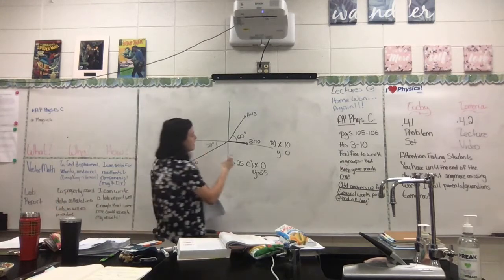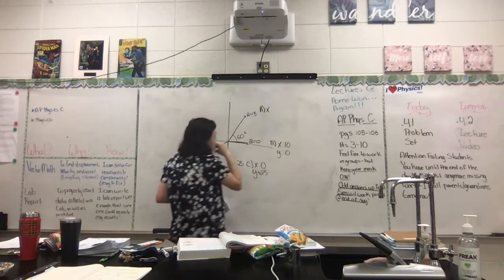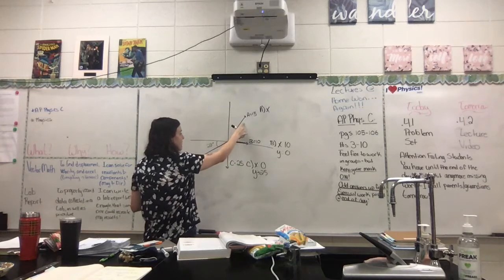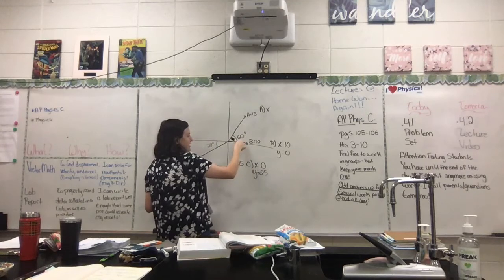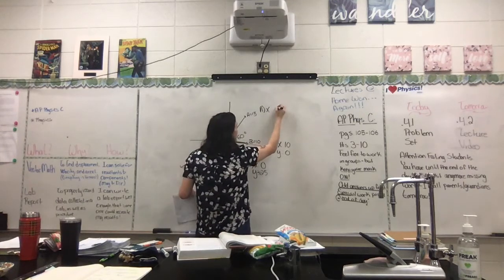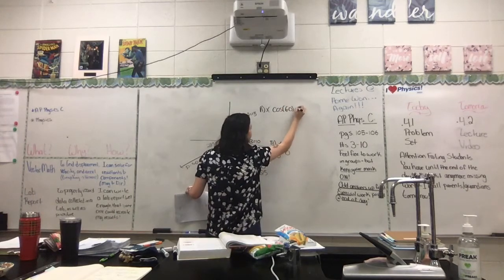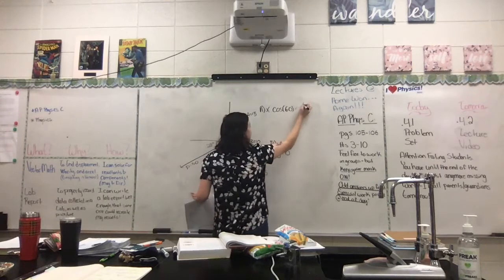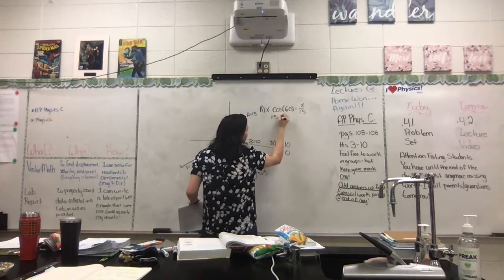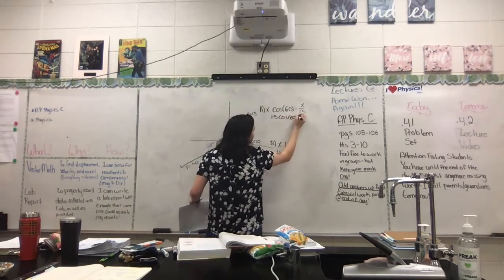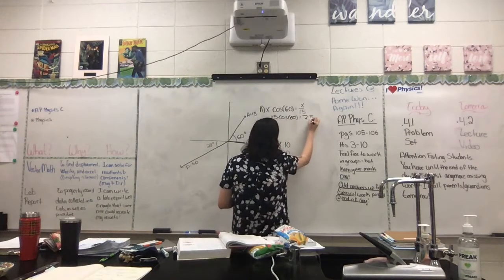But now we need to look at A, and we need to break it up into components like we have learned. If we want the X component of A, we know that it is adjacent to this angle. So the cosine of that angle, 60, is equal to the adjacent over its hypotenuse of 15. So if we do 15 times cosine of 60, we get that x is equal to 7.5.